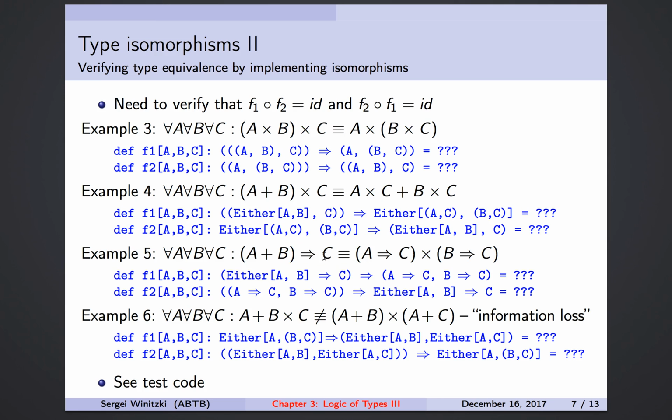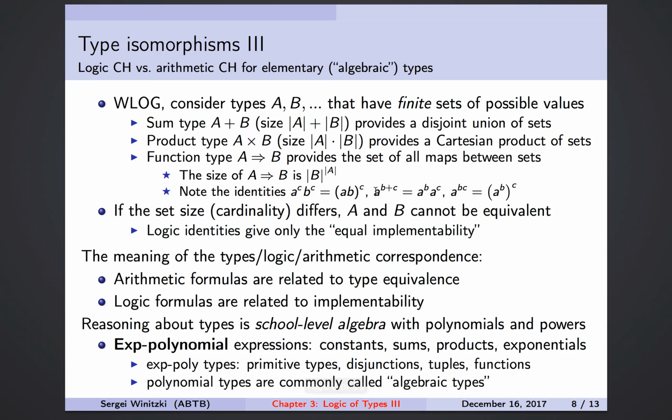This is c to the power a plus b equals c to the power a times c to the power b. Obviously an arithmetic identity, this one. So not only identities that have to do with multiplication and addition, but also powers, exponentiation, in other words, as arithmetic identity gives rise to equivalence of types.